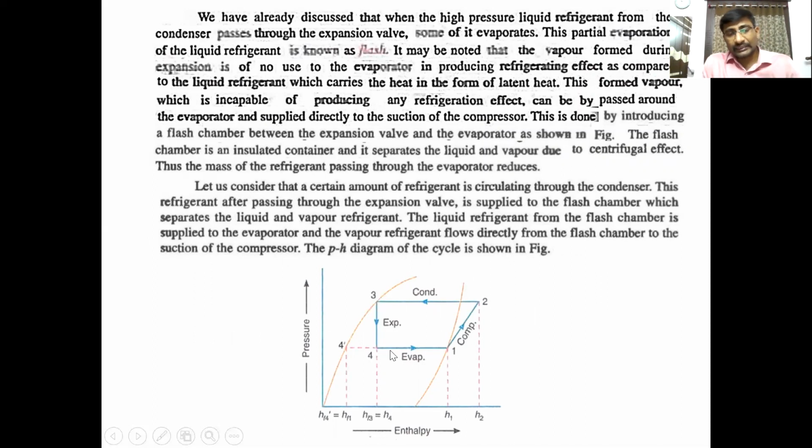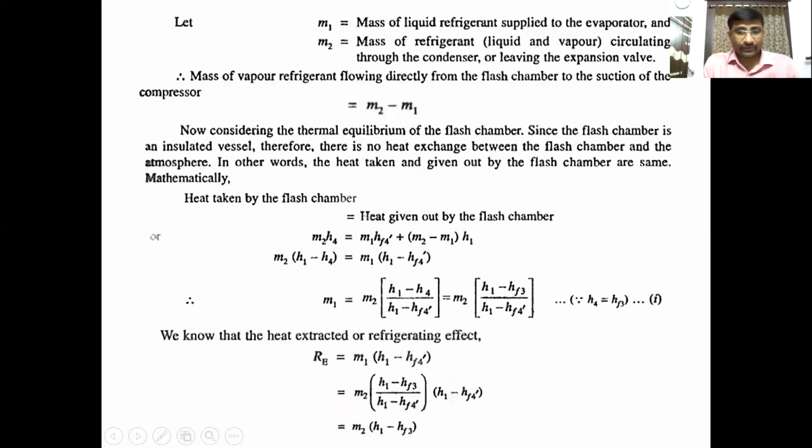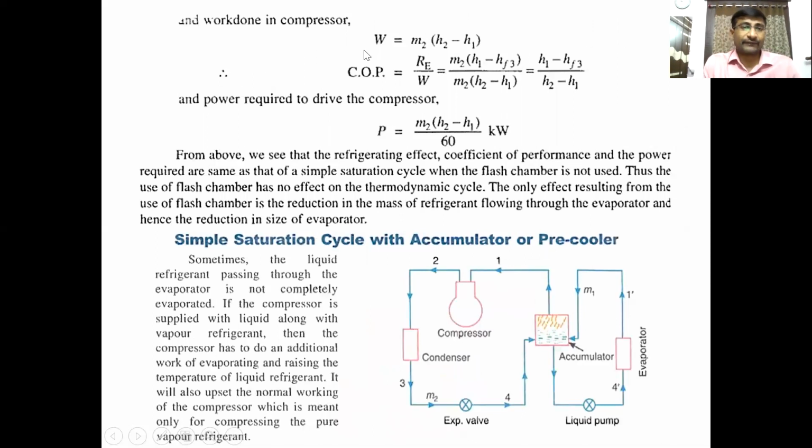In the simple saturation cycle, the refrigeration effect is the mass of refrigerant entering the evaporator, M2 itself, into the change in enthalpy across the evaporator, H1 minus H4 or H1 minus Hf3. So the refrigeration effect does not change by placing the flash chamber; it equals the refrigeration effect without the flash chamber, M2 into (H1 minus Hf3). We are not changing the refrigeration effect by placing the flash chamber.